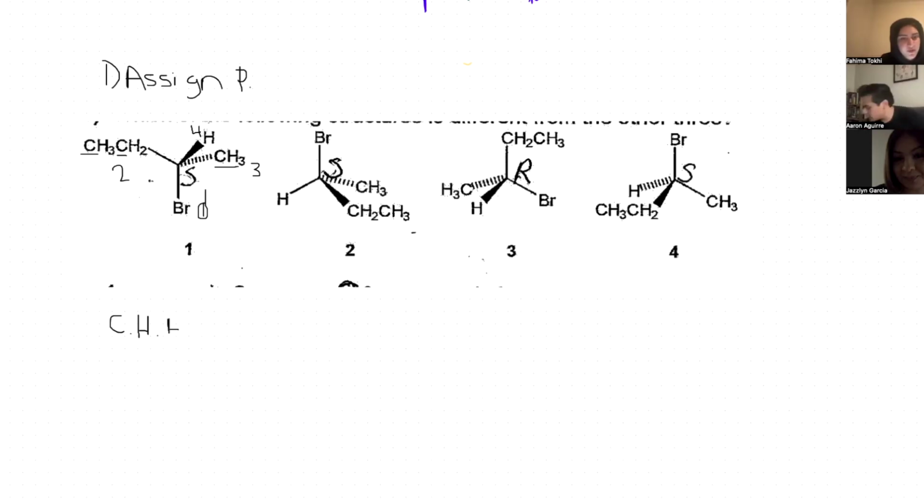Because this one has a carbon, it takes second priority. Let me draw. Okay, you explain your method, I'm not a good explainer.